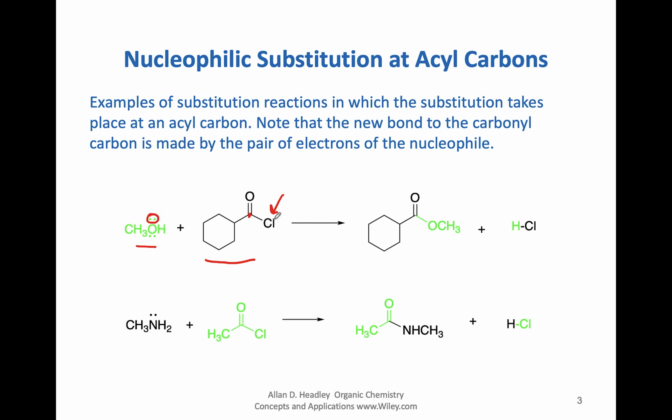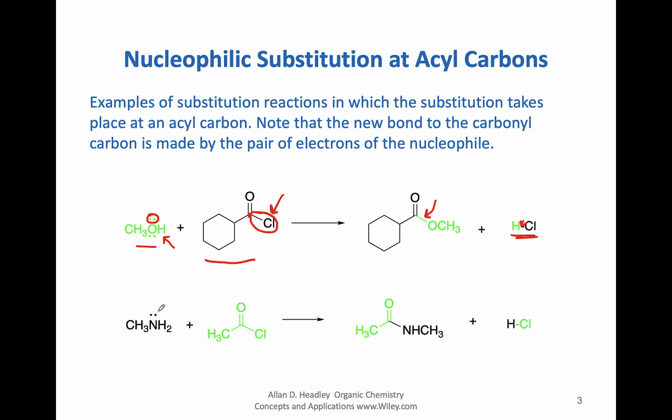After the reaction has occurred, this chlorine will leave with its electrons, and here they are. And of course, we'll have a new bond here to our acyl carbon. Of course, this comes off as HCl because we have a hydrogen here on the nucleophile.